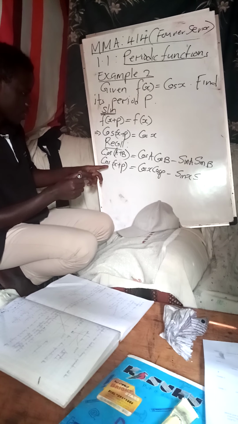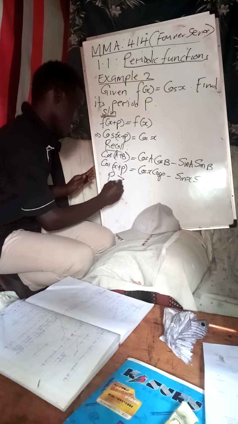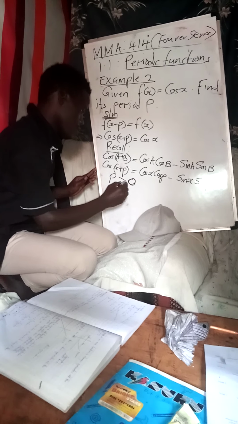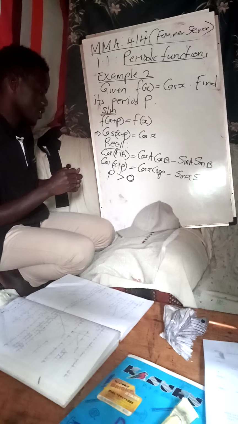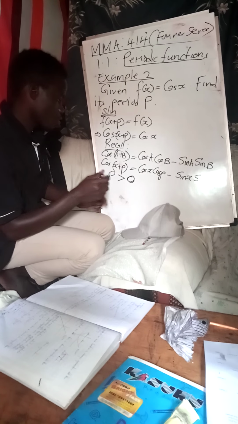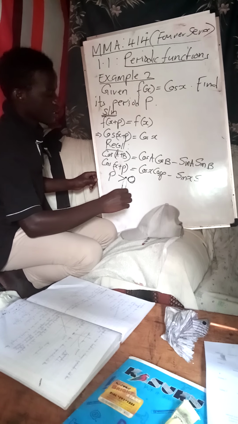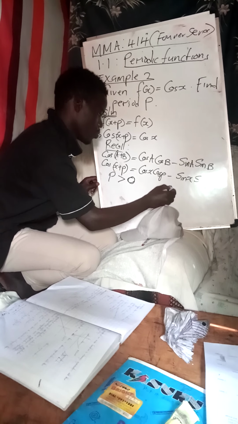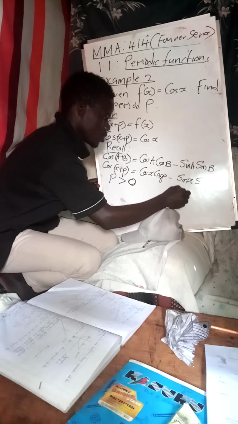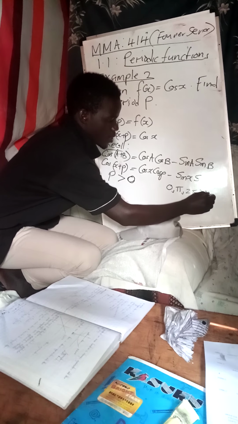So in this case, like I told you, p is the least positive value, where 0 is not included. Because cos and sine here are trigonometric, we shall take our periods to be 0, pi, 2 pi, 3 pi, and so on.